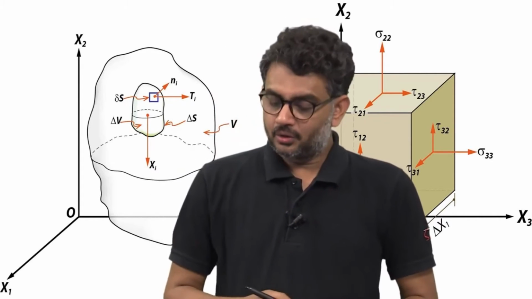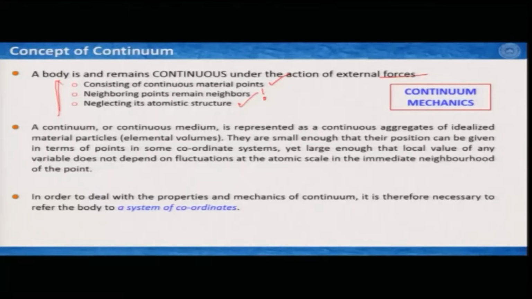But in general, if these three conditions hold good for any material, and we are studying its deformation under the action of forces, then we say it falls under the subject of continuum mechanics.